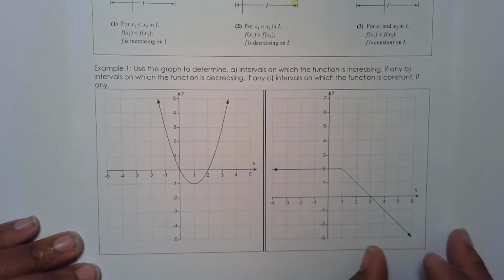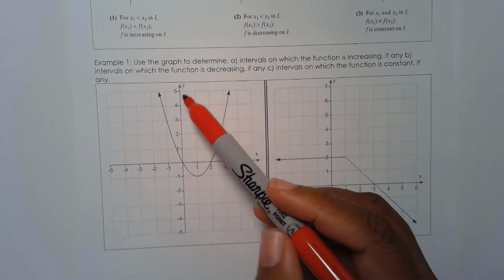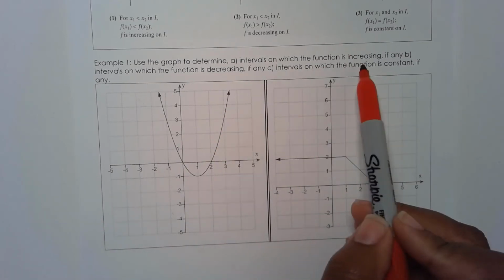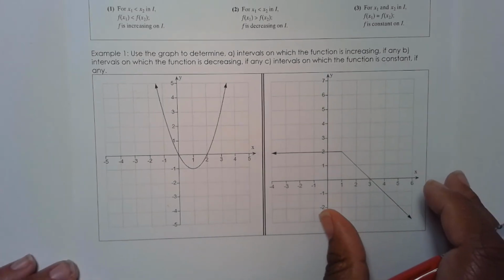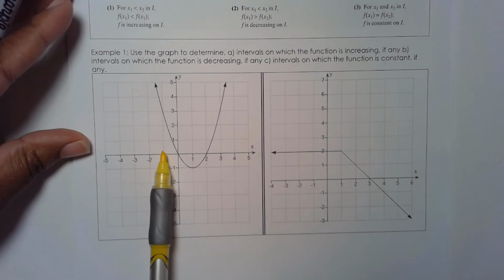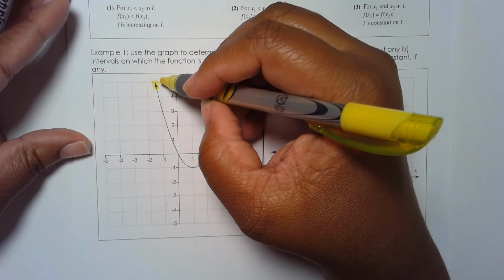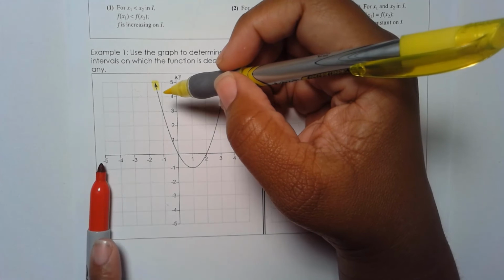So keep in mind, let's imagine that I didn't have the y-axis here, and we just had the x-axis, and I want to find where does it increase, where does it decrease, where is it constant, if necessary. So we're going to read this graph from left to right, and as I read the graph from left to right, I notice I'm starting from the left at a continuous point, meaning this is going to be negative infinity because we're starting on the left-hand side.